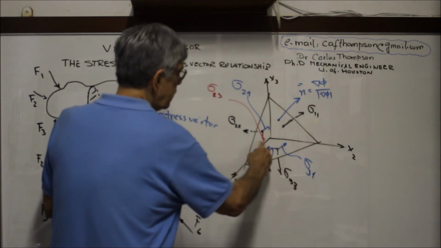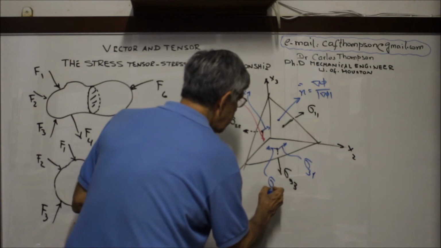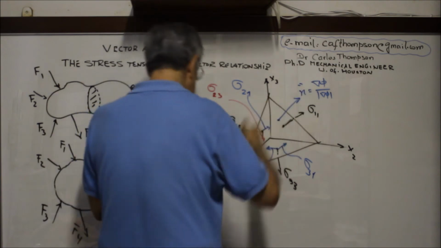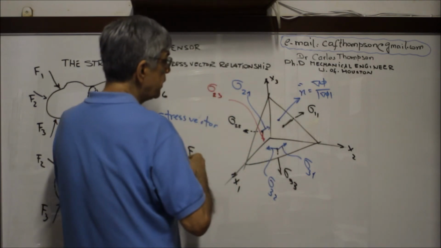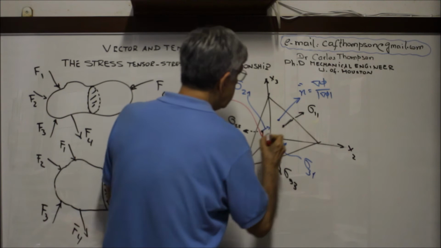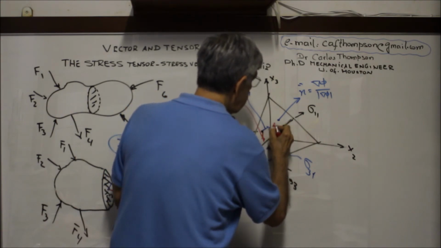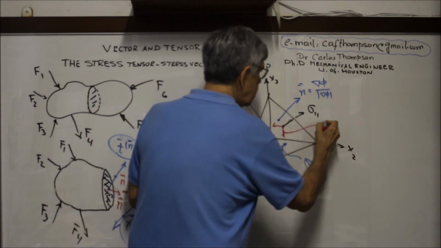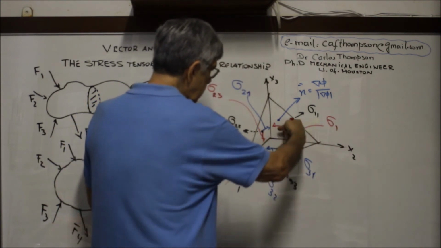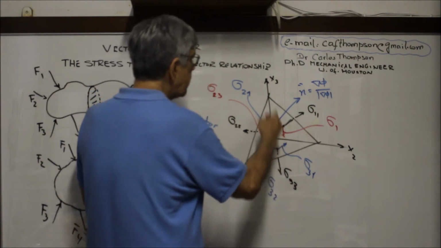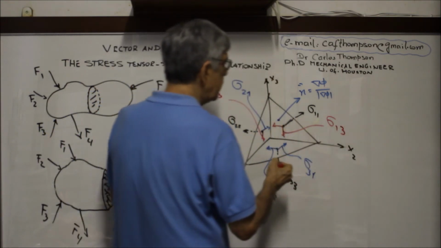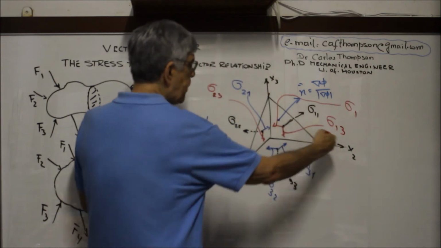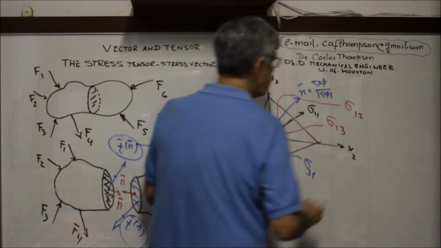And this one is parallel to x2, so this is sigma 3,2. On that surface over there, this is sigma 1 because it's perpendicular to x1, now parallel to x3, sigma 1,3. And this is sigma 1 parallel to x2, sigma 1,2.